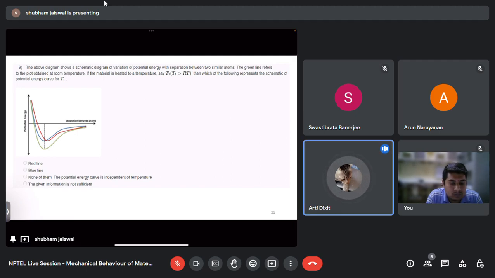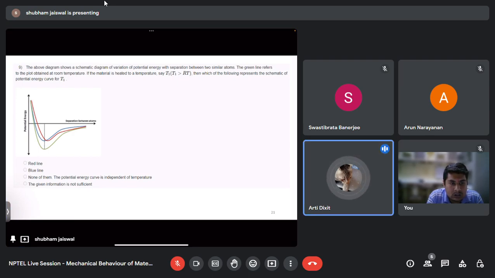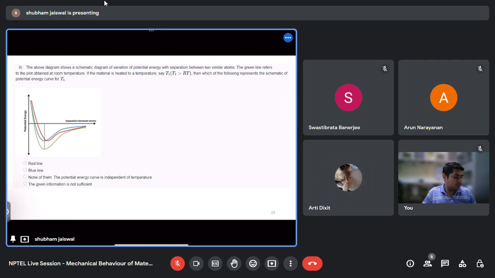Because on increasing the temperature, thermal expansion generally increases. Okay, and that is related to potential energy. So let's consider the potential energy versus interatomic distance curve.